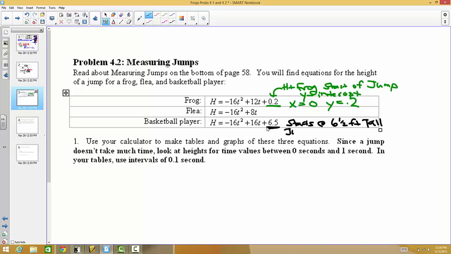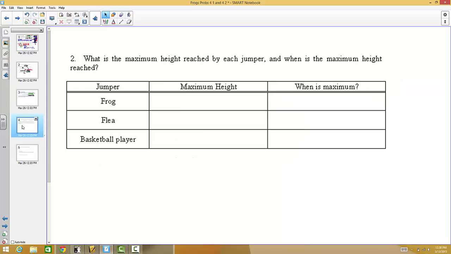So he jumps 4 feet at half a second. That's the vertex. In fact, on the next page, or on your same page, it says the basketball player's maximum height is 10.5 feet at 1/2, or you could put 0.5 seconds.